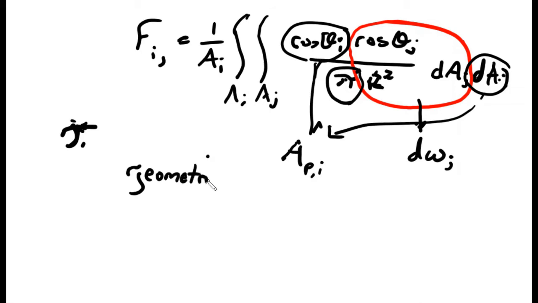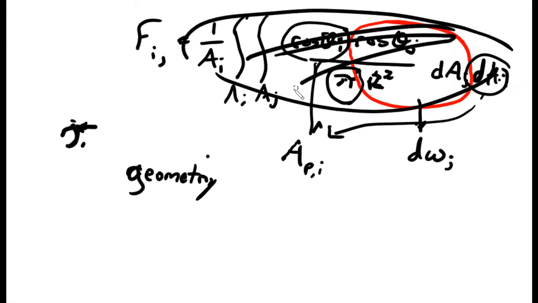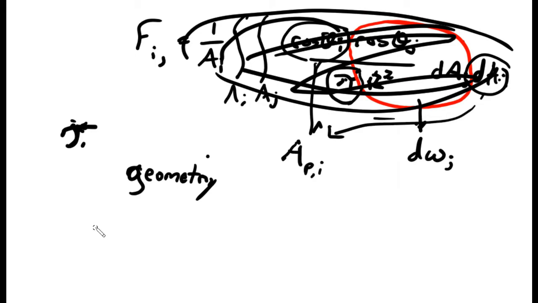But despite the fact it only depends on geometry, it is nonetheless a very nasty integral. Look at this thing. Nobody wants to do this. So, luckily, someone has done it for us, and they have tabulated their results into a table.